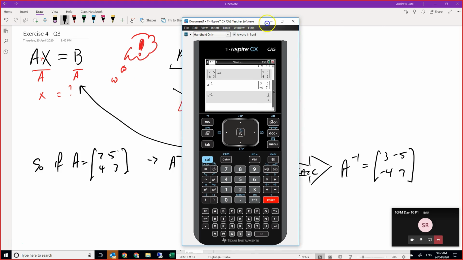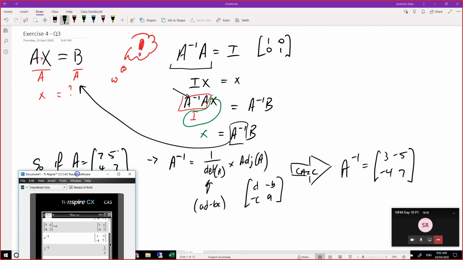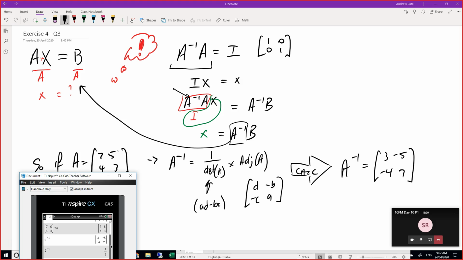All right, so where are we up to? What we're trying to do, remember, is this is actually our equation. We're trying to find out what x is. We know what A is and we know what B is. They're both matrices. So what do I have to multiply A by to get B?